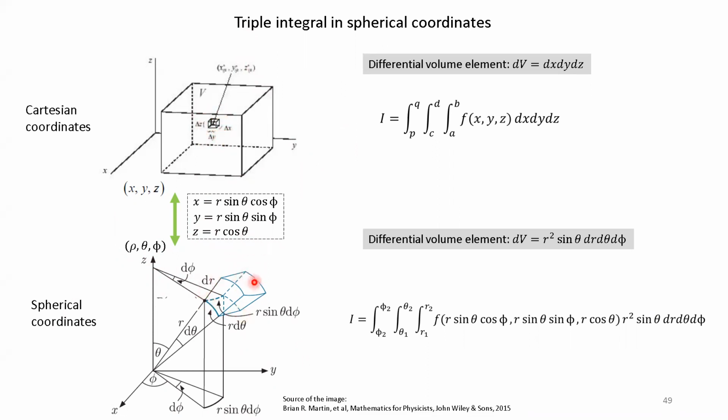The way that we think about this element is the following. First of all, you start at a point with particular values of r, theta, and phi.